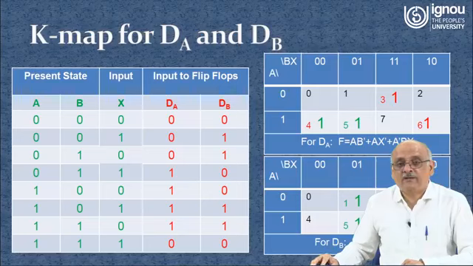So this is how we formulated it: these are the inputs, these are the outputs. We make the K-maps and we find out what should be the function for A, that is DA equals this. For DA we will be drawing this particular circuit, and for DB we will be drawing this particular circuit.